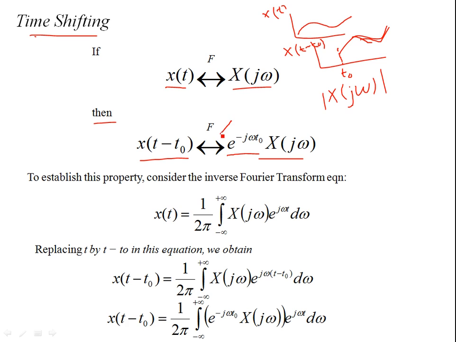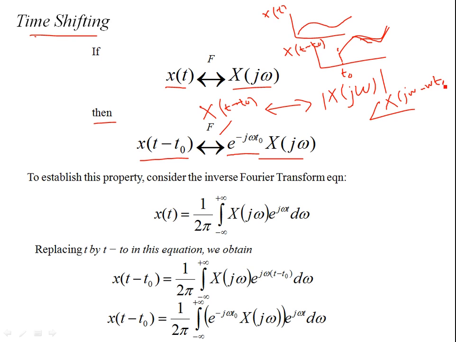However, you will see that the phase, as a consequence of delaying the signal, the pair will be as such. Let me write this as the pair x(t minus t naught). The Fourier transform pair will have a shift in the phase quantity, e^(minus j omega t naught).